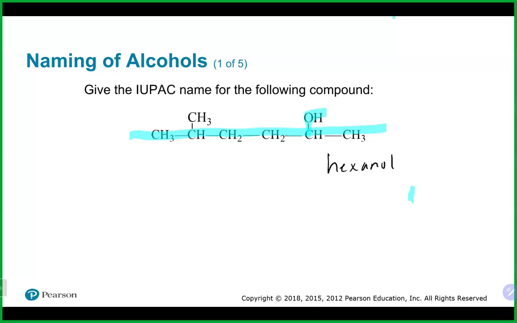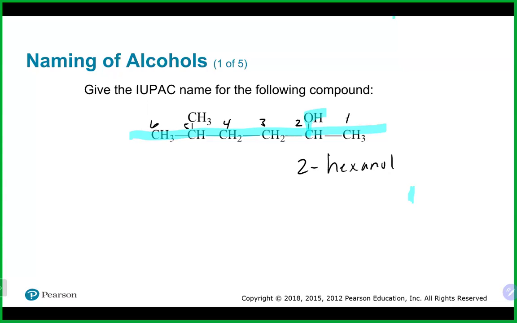And once again, in terms of numbering, we want to give the OH the smallest number. You could probably see that if you go right to left here, that is going to give the OH the smallest number. And then this would become 2-hexanol. Again, the 2 is where the OH group is located.